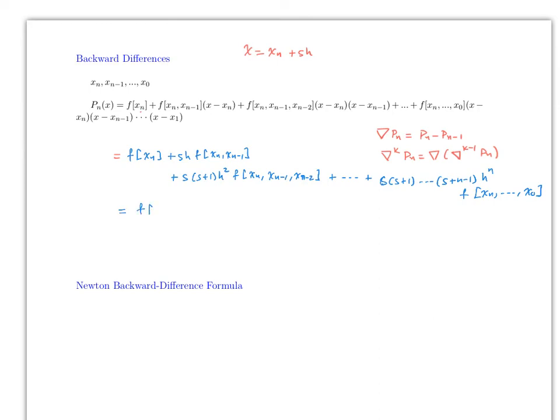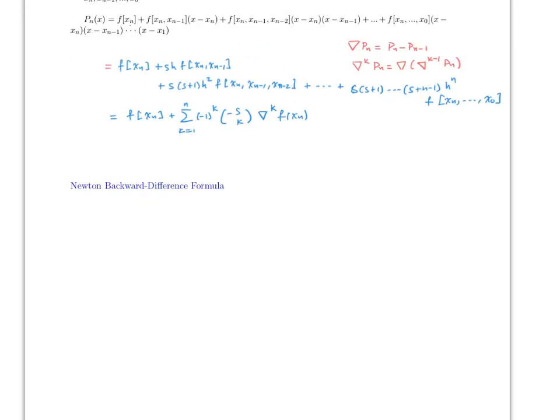It is going to be f of xn plus the sum from k equals 1 to n of negative 1 to the k times negative s choose k times nabla to the k power of f of xn, which is very similar to the previous formula.